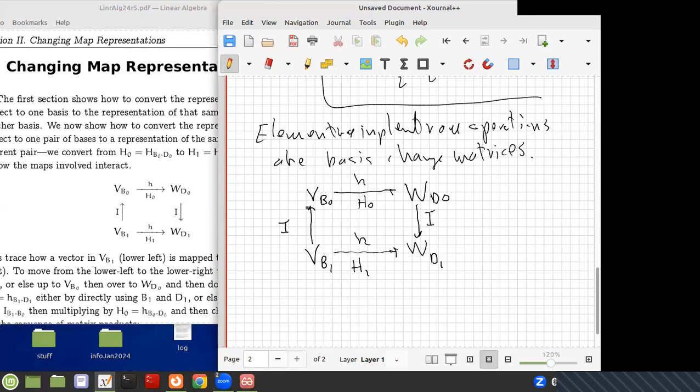This is the identity map between V and V. This is the identity between W and W. And if I know H0, then I can see that H0 and H1 are both representations of H, and this is what we want. We can calculate H1 by going from I to V, from V to W, from W to I, like that. Okay?